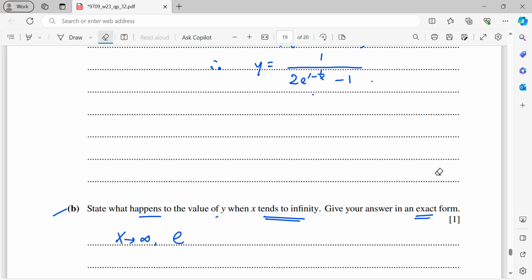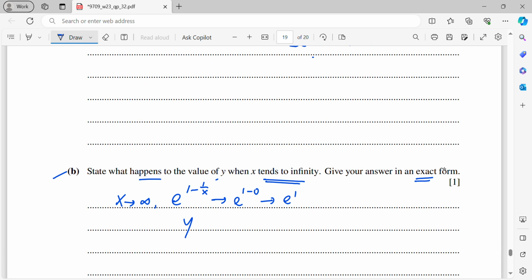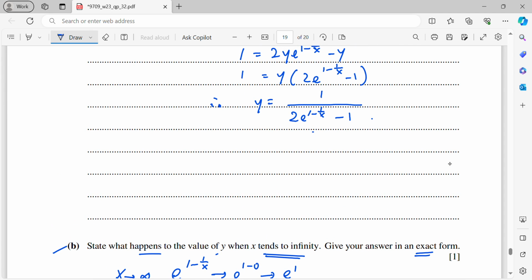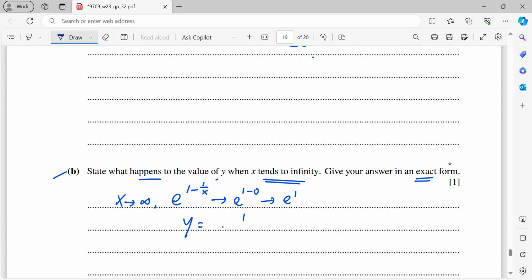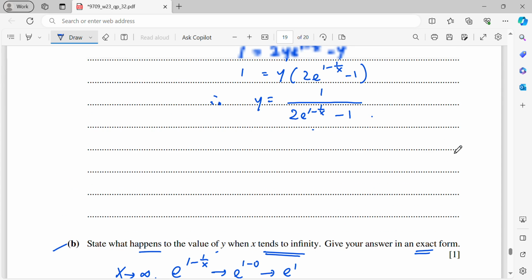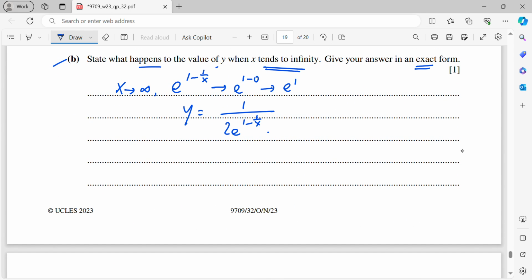I will say 1 over x, e to the power of 1 minus 1 over x will tend to e to the power of 1 minus 0, because 1 over infinity is 0. Then therefore this tends to e degree 1. Okay, so therefore I will just write my y equals to 1 over 2e 1 minus 1 over x, then minus 1.